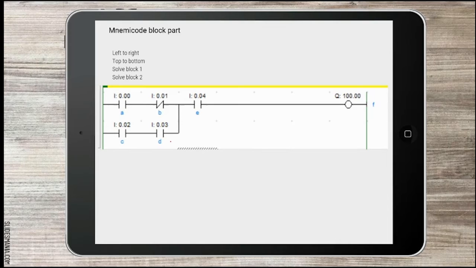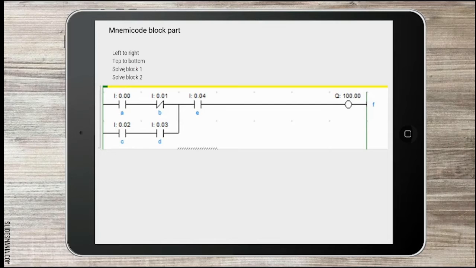So setelah saya lihat balik video-video yang Puan Cik Sumayya ni tunjuk, dia menerangkan kaedah yang paling mudah dan senang untuk saya faham, iaitu kaedah dia untuk membaca ladder diagram ni daripada left to right, daripada A to B to E, top to bottom. Top to bottom tu A, B, lepas tu C, D. Okay.